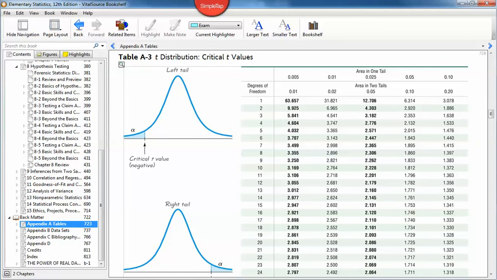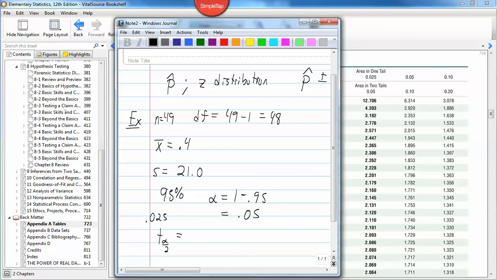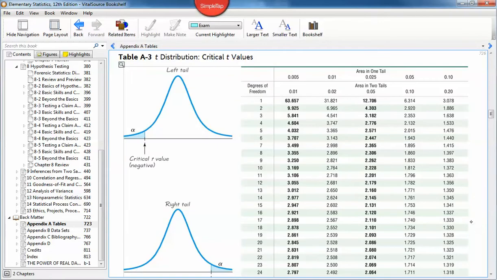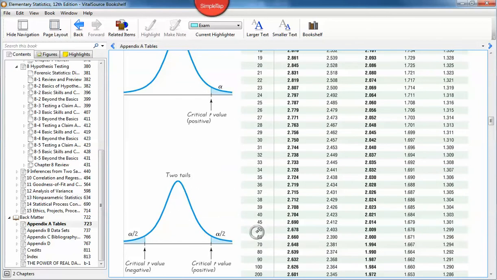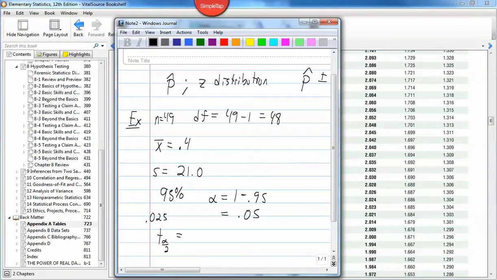Now, our degrees of freedom, we had 48. So the closest we can get to 48 in our table is 50. So remember, we're in the middle column, and I'm going to scroll down to 50. All right, right here. So our critical t value is 2.009. So t sub alpha over 2, 2.009.